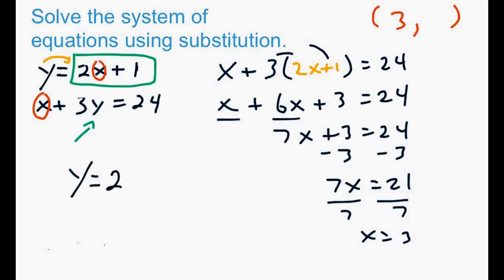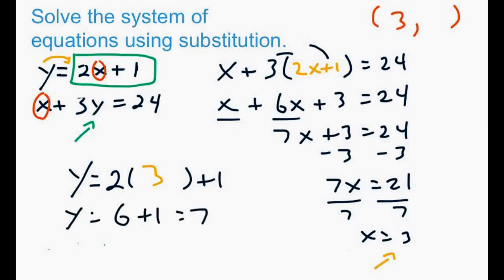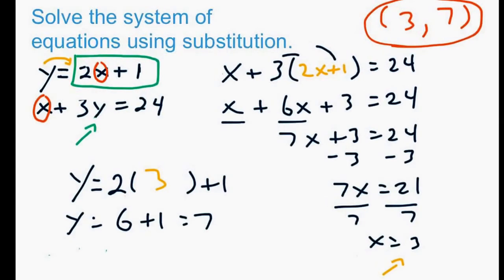So y equals 2 times, but instead of x, I'm putting the number 3, since x equals 3. So y equals 2 times 3 plus 1. 2 times 3 is 6. 6 plus 1 is 7. Therefore, my y coordinate is 7. And then that's my solution. The ordered pair, 3, 7.